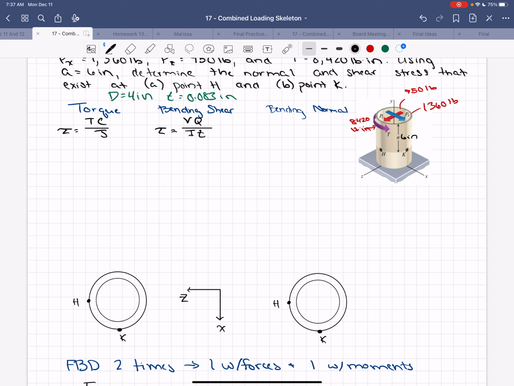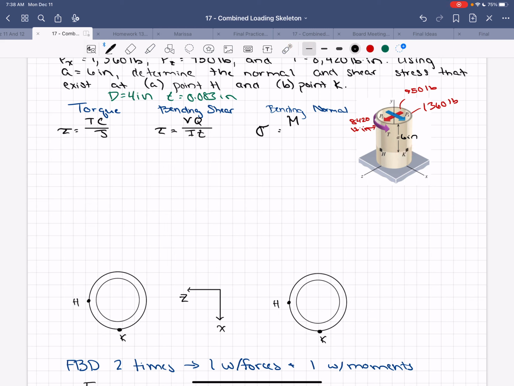Then the bending normal stress. Px, when it bends around z, will put K in compression, and Pz, when it bends around x, will put H in compression. So here we have sigma, the bending normal stress, equals the moment caused, Pz times the perpendicular distance to H, so 6 inches, and Px times the perpendicular distance to K, so 6 inches.